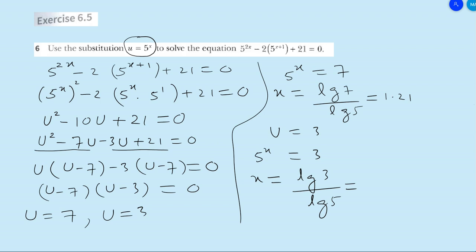The second answer is 0.683. So this is the first answer, this is the second answer: 1.21 and 0.683. Now come to question number 7.